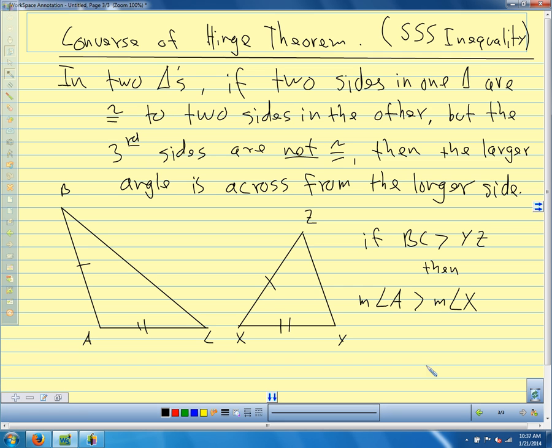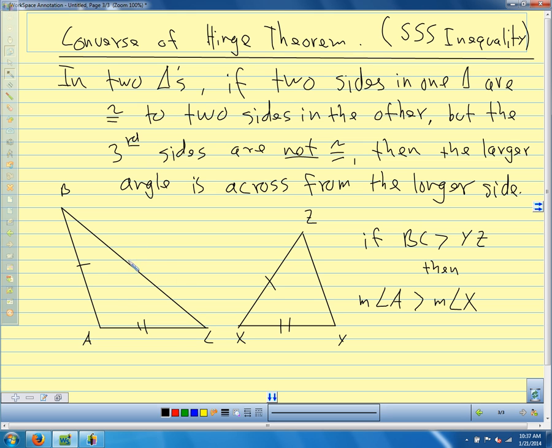Now, on these, I'm not as worried about whether or not you can name the Hinge theorem or the converse of the Hinge theorem. So if you have to give a reason for something, for a proof or whatever, if you gave as your reason that one angle was larger than the other because side BC was larger than side YZ, but you didn't call that the converse of the Hinge theorem, I would be okay with that.